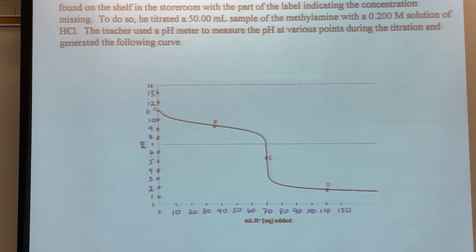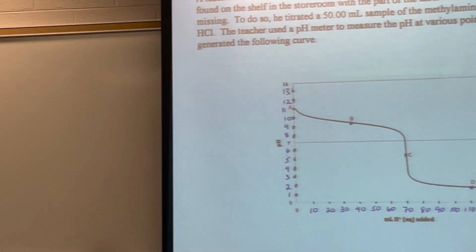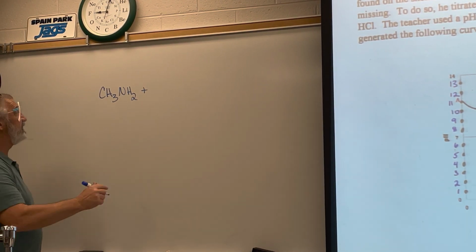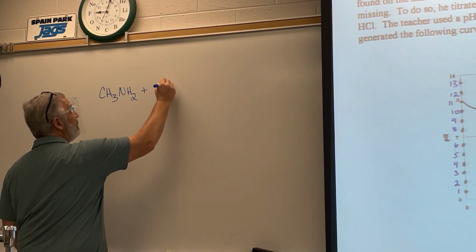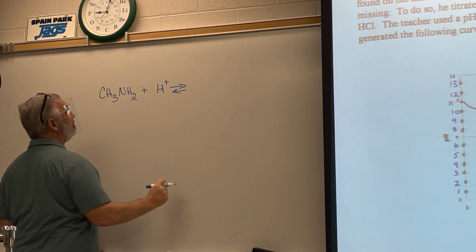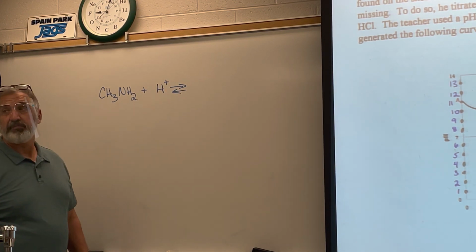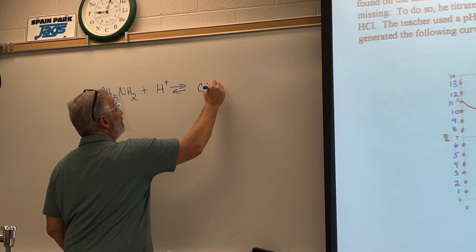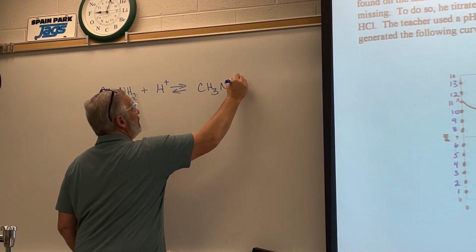CH3NH2. Will the Cl be a factor? It's going to be a spectator ion, right? So it's going to be plus H plus. And what's that going to make? Okay?